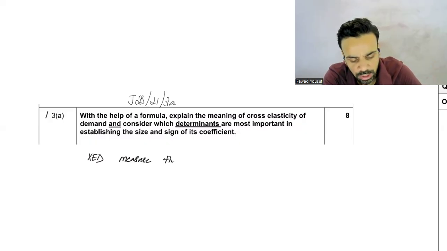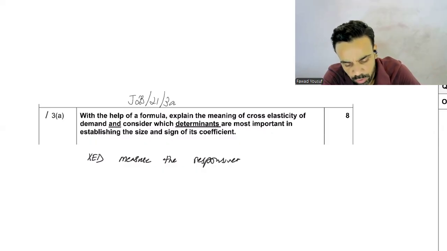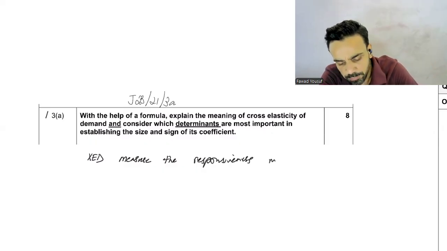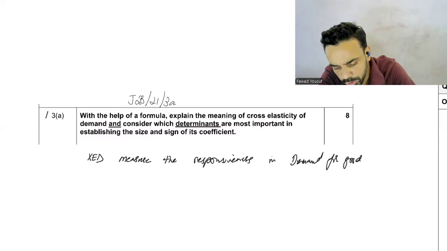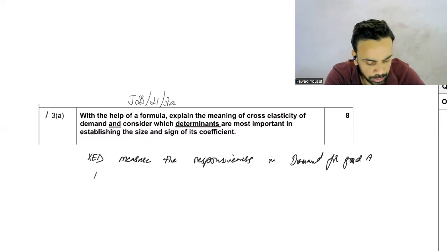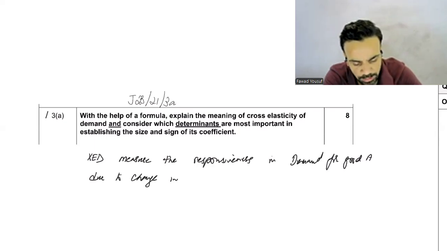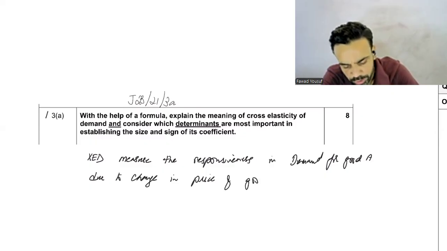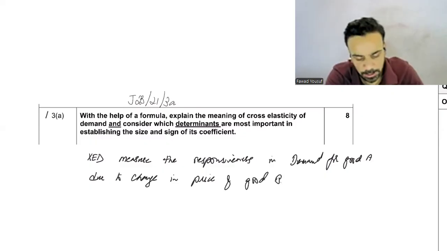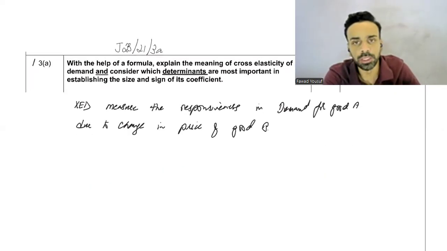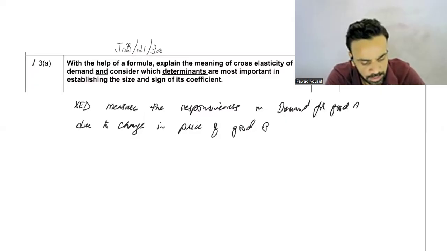It measures the responsiveness in demand for good A, due to change in price of good B. तो ये आपकी डेफिनेशन हो गई. इसको आप फिर फॉर्मूले के अंदर कन्वर्ट कर लें.